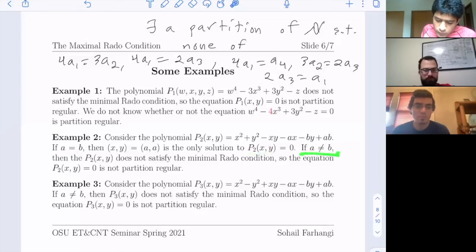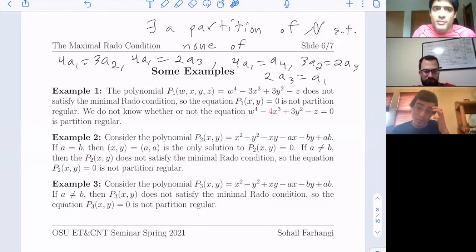If a is not equal to b, then they show in their paper that this polynomial does not satisfy the minimal Rado condition. And they have some other general remarks about some basic conditions in which the minimal Rado condition is not satisfied, but I'm not going to state them here.